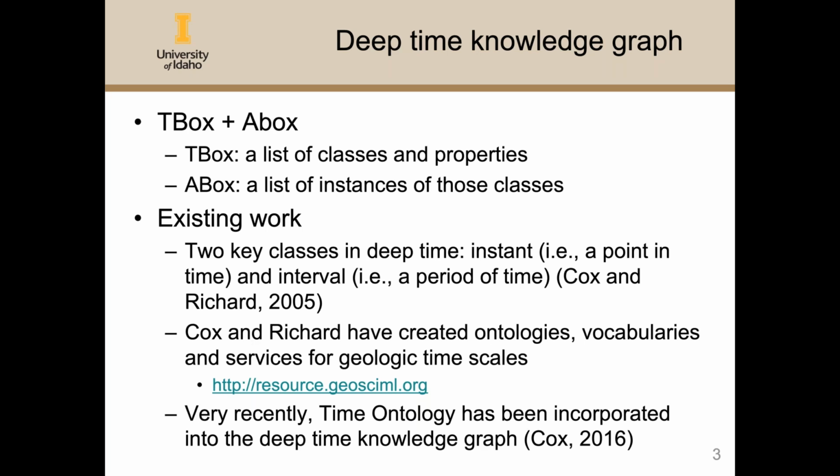One is, we call it instant, a point in the time, and another is interval, which means a period of time. They have built really good ontologies and vocabularies and also services. If you go to the Geoscience ML website, resource.geoscienceml.org, you can find a link to a folder in which you can find a list of those ontologies and vocabularies built by Dr. Cox.